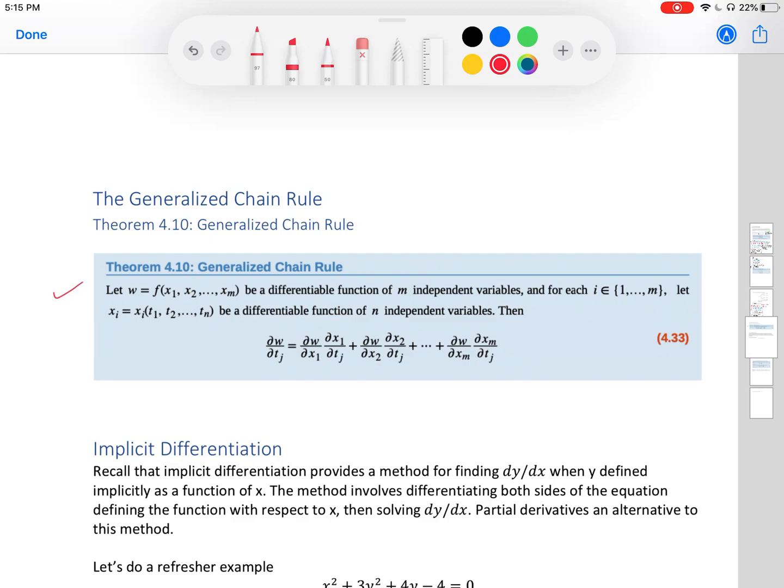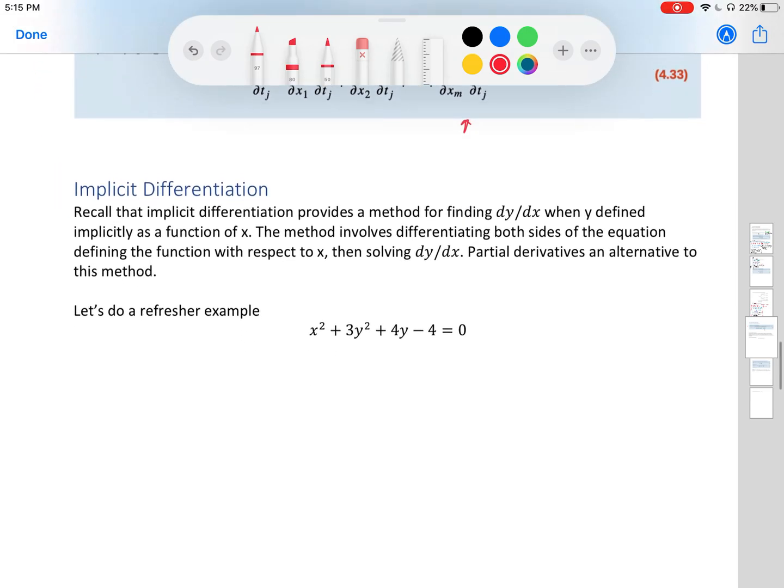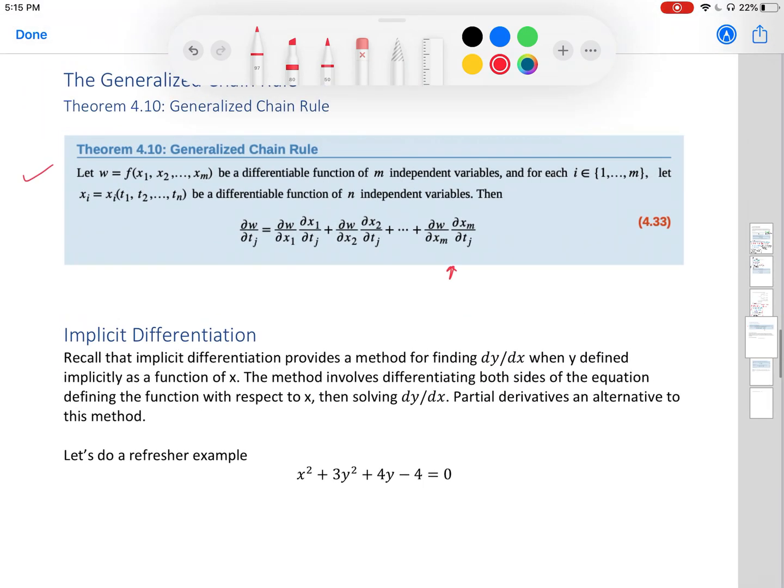Then dw/dtj is equal to dw/dx1 times dx1/dtj all the way to dw/dxm times dxm/dtj, which is saying that you can take a derivative using chain rule for as many variables as you're allowed. And that's how you can come up with your chain rule.